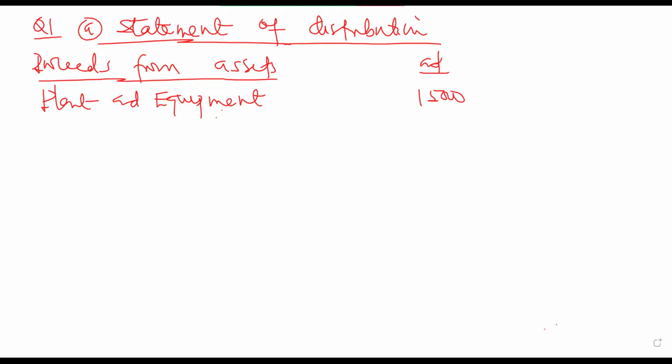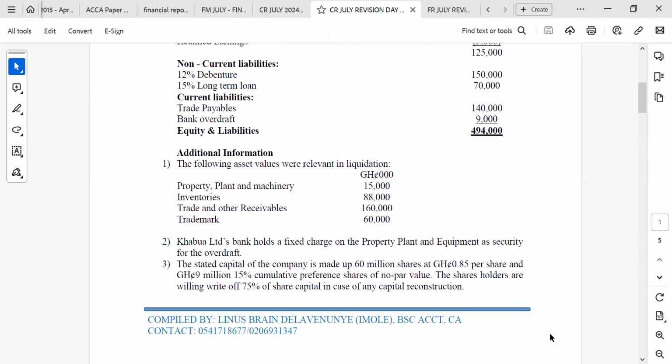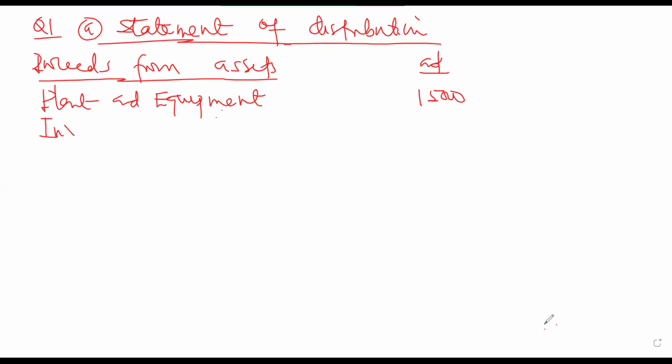The next one is inventories. Some of them they will not give you. Inventories is how much? 88,000. What is the next one?